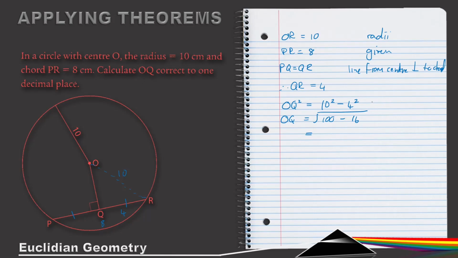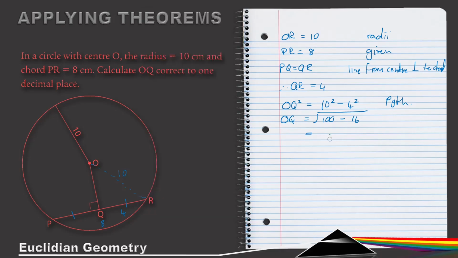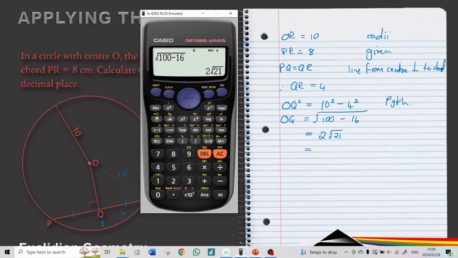Our reason here was Pythagoras. So we've got the square root of 100 minus 16, and that gives us 2 square root 21. Now they said correct to 1 decimal place, so we put that to 1 decimal place, and this becomes 9.2.